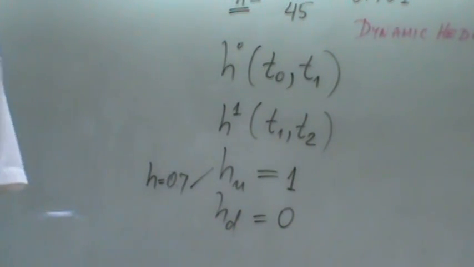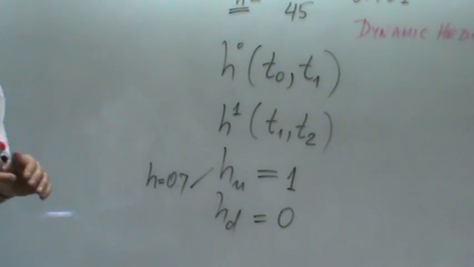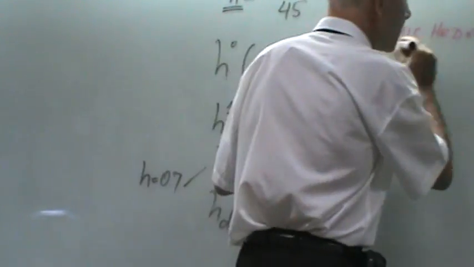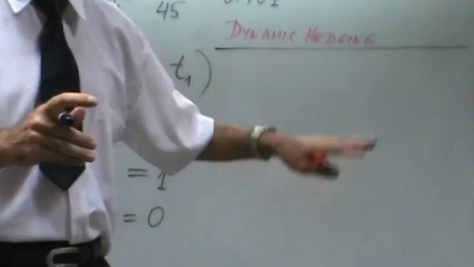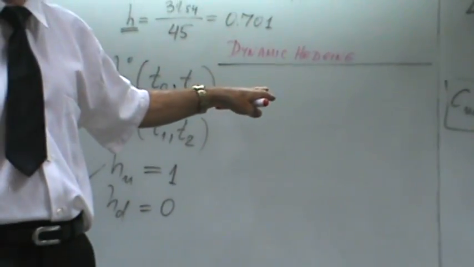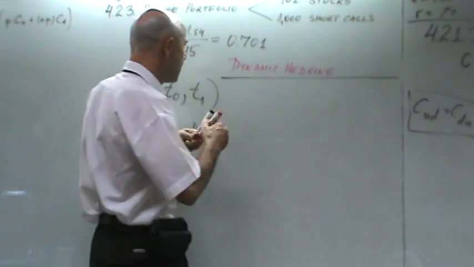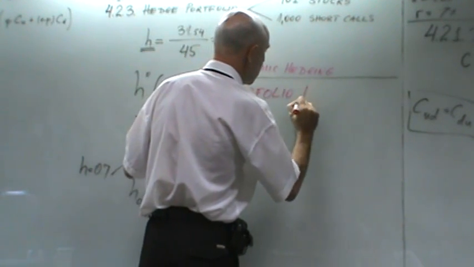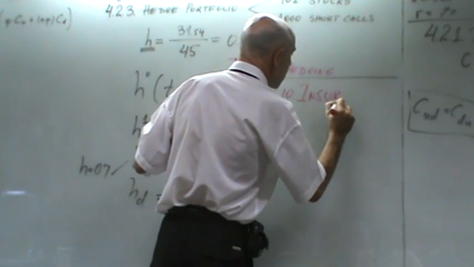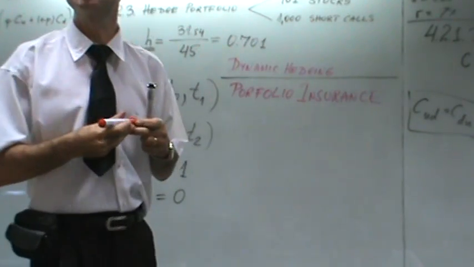And now comes something very tricky and very important. We got a little time, but I'll finish with some real finance, because this is way too much theory. Okay, real finance. And within dynamic hedging, it's called portfolio insurance.